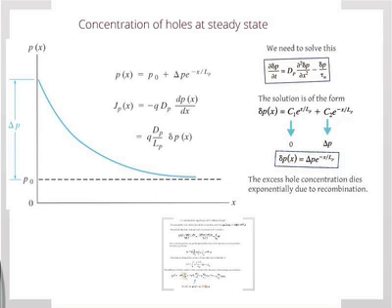And we know a solution to this has to be an exponential, right? Because you take twice the derivative of the exponential, you get the exponential back. So we know that this is the solution.